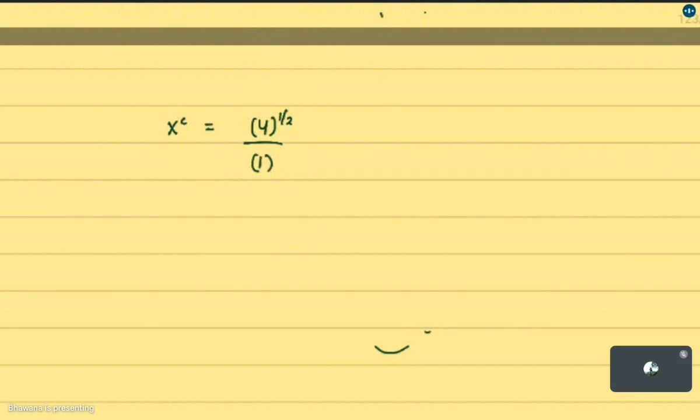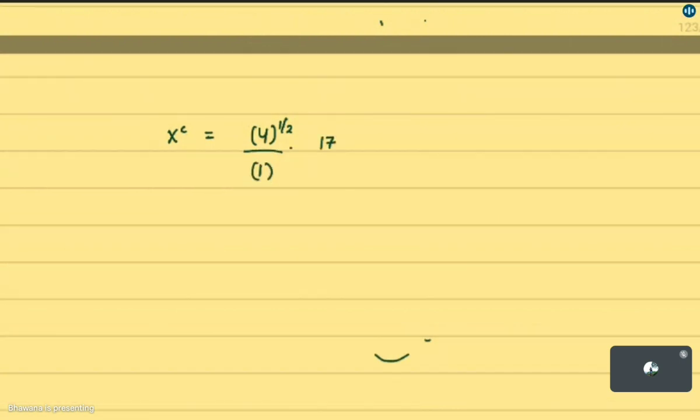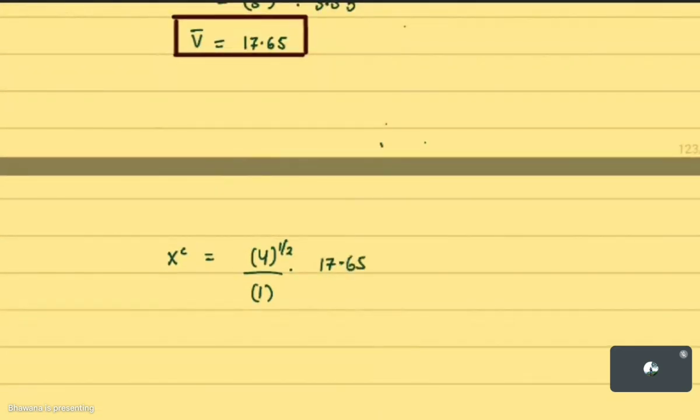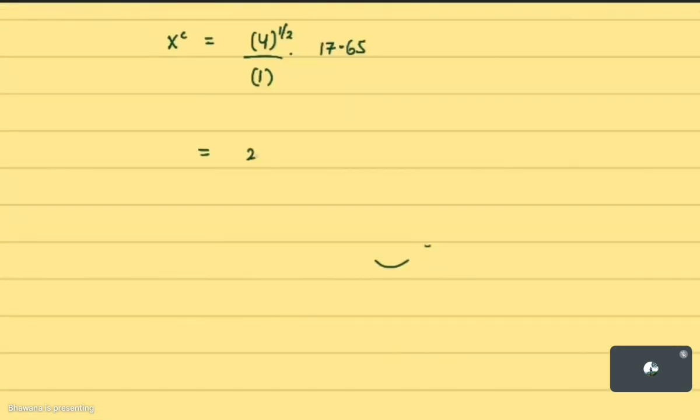So this will be 1 and your utility is 17.65. So 2 square root of 1 by 4 into 17.65. You will get 2 into 17.65, that is 35.3. Okay.